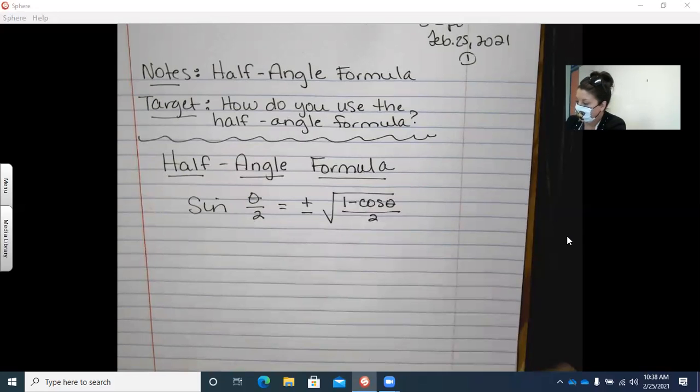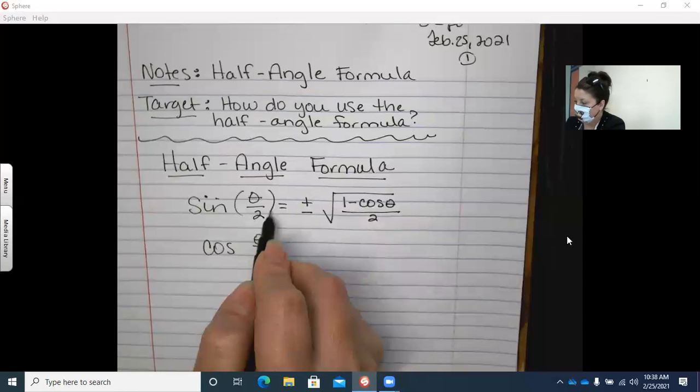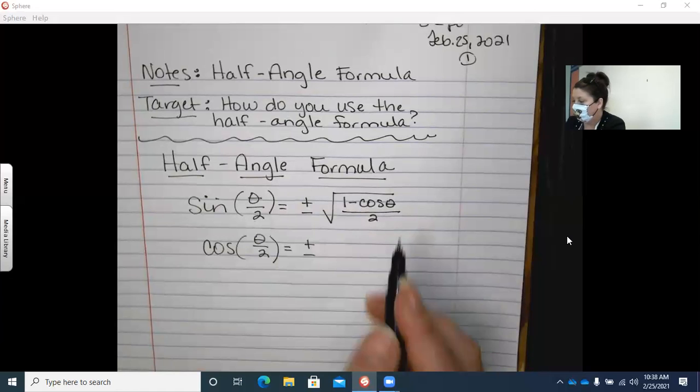Then we have the cosine of theta divided by 2. And that equals positive or negative, plus or minus, however you want to say it, the square root of 1 plus cosine of theta, quantity divided by 2.